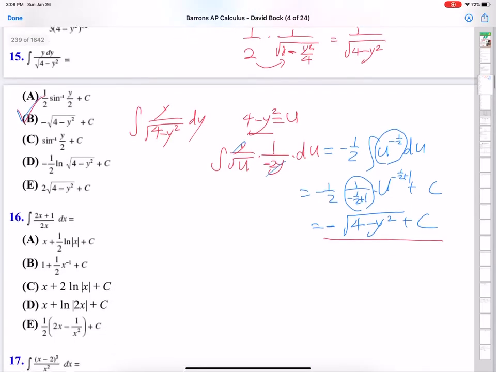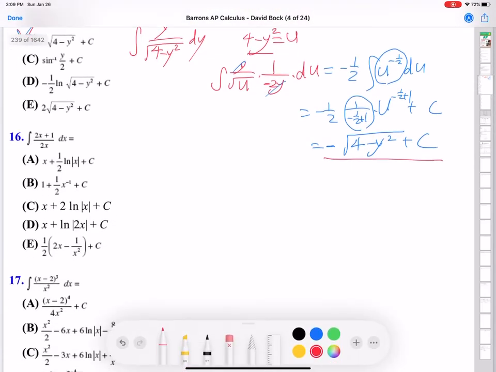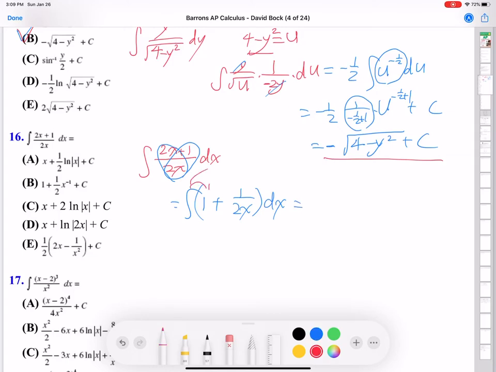Number 16. Integral of (2x plus 1) over 2x dx. There are many ways, but I'm going to separate this fraction into two fractions, 2x over 2x and 1 over 2x, with dx, and then find the integral of each term.